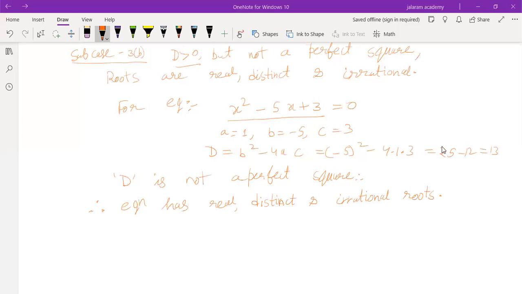We discuss about the nature of roots, then the question is completed. If the question is to discuss the nature of the roots, it is complete. Okay. Now, if it is written that also find the roots, then you have to find the roots also. Okay.